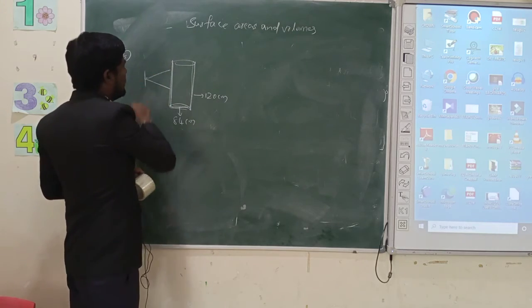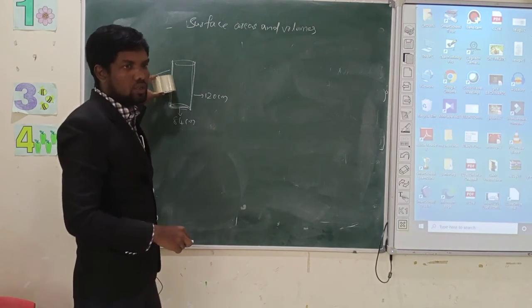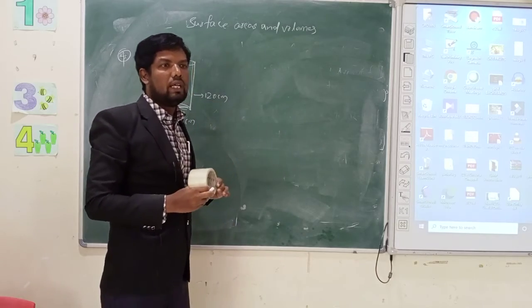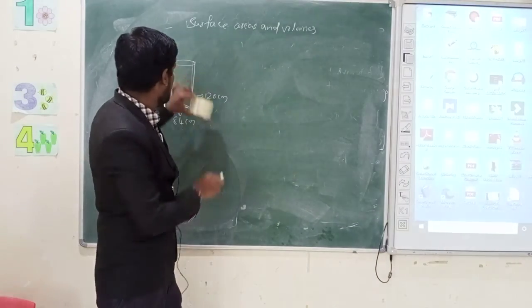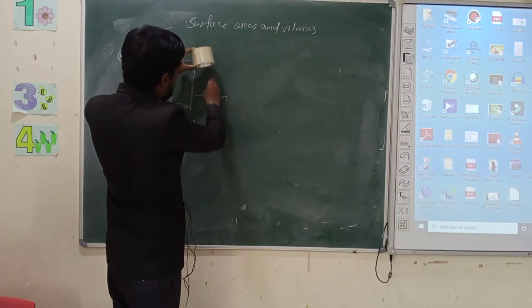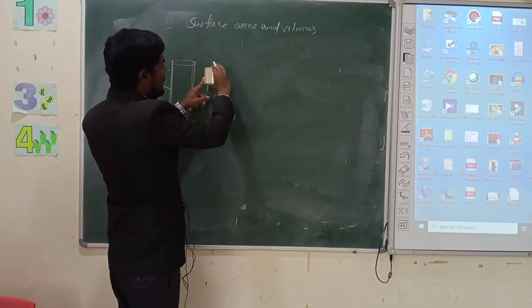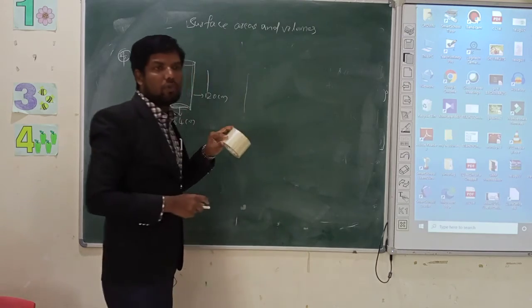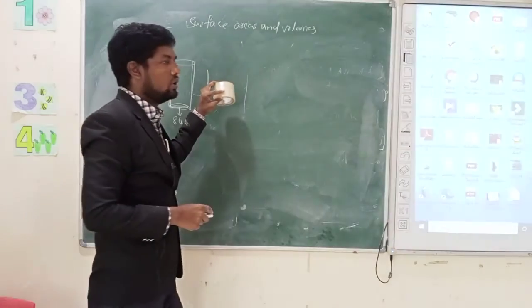So for the playground they are using this roller to roll. We have to calculate for complete revolutions. If we start from here, the complete turn is one revolution.